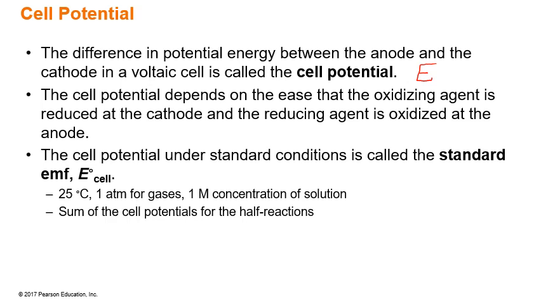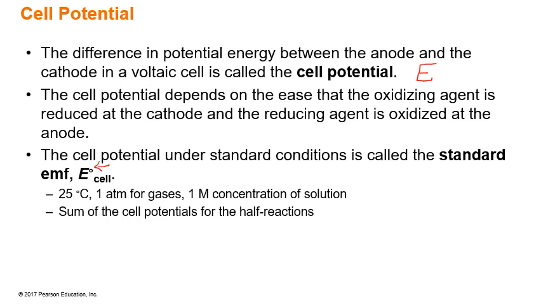So remember that when we're measuring the cell potential, that E stands for voltage, and the little degree sign tells us that we're under standard conditions.